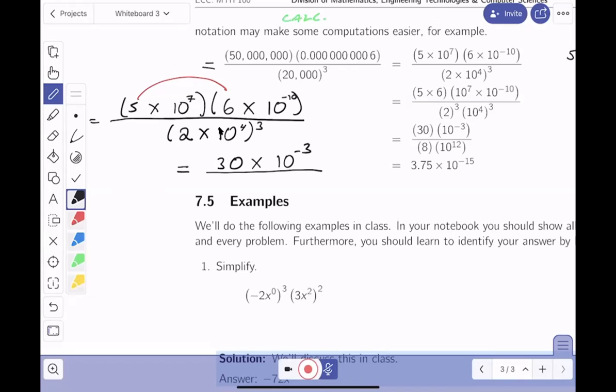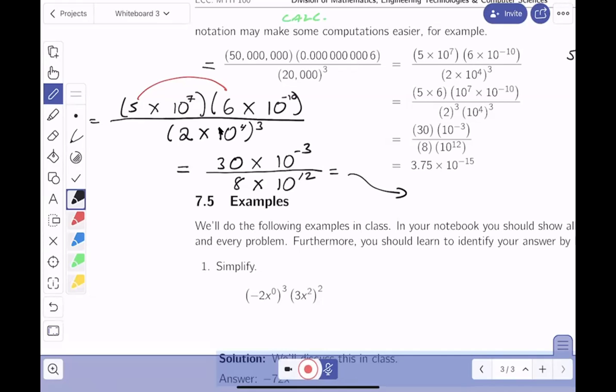The bottom, I'm going to cube it. So what are we going to get when we cube that? Well, 2 cubed is 2 times 2 times 2, which is 8. Times 10 to the 4 times 10 to the 4 times 10 to the 4. That's going to be 10 to the 12. This is getting kind of nasty, right? Let's keep going.